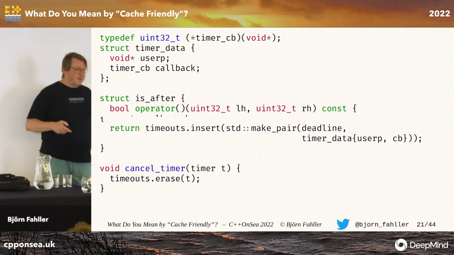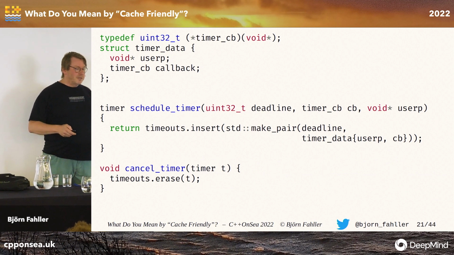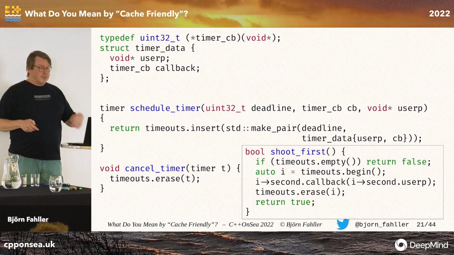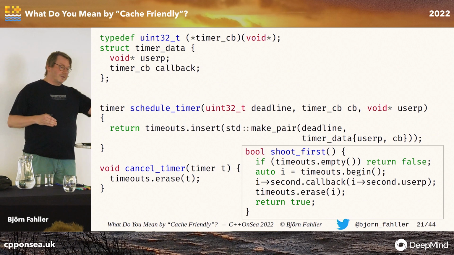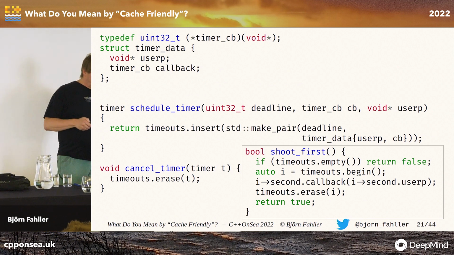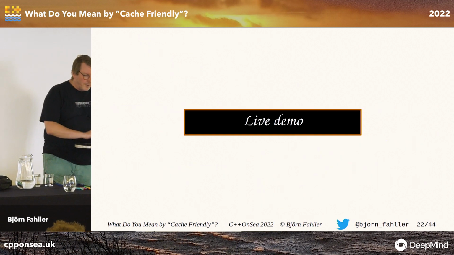Simplest implementation of them all. Schedule timer is just do an insert into a multi-map. Cancel timer is just erase, because the timer type is just the iterator into it. Shoot first does a little bit more work, because we have to find the beginning of it and call it, etc. But let's have a look.